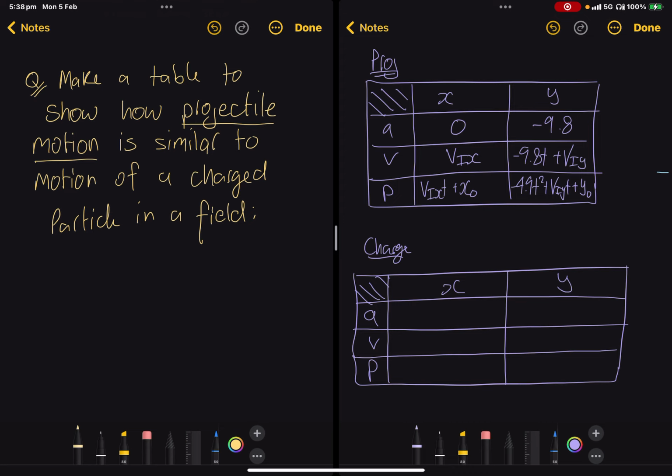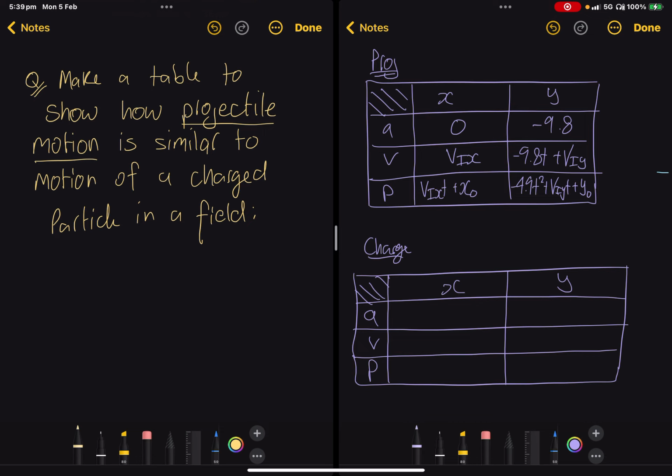This is a little bit more complicated because the acceleration in x or the acceleration in y depends on how the field is oriented, and it depends on the charge of the particle.